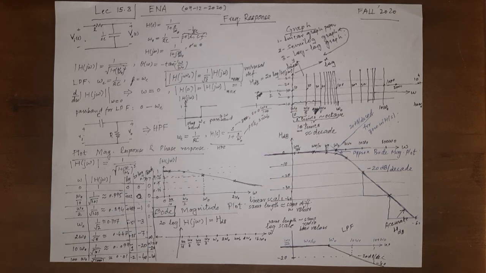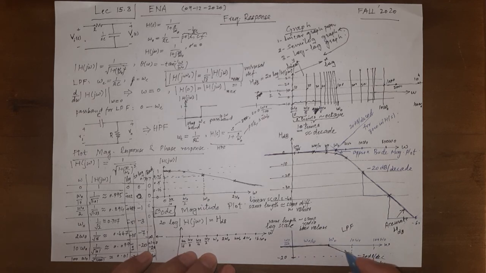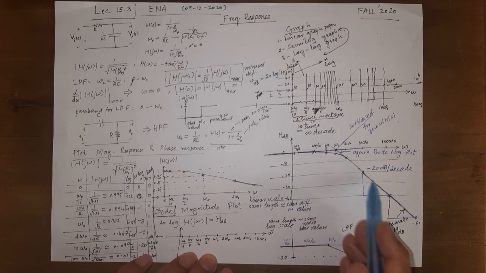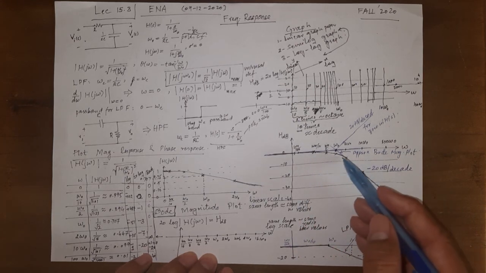And then we will also look at a correction. In fact, let me discuss that correction right here. This graph is known as the approximate Bode magnitude plot. It does not exactly tell how the actual would look.